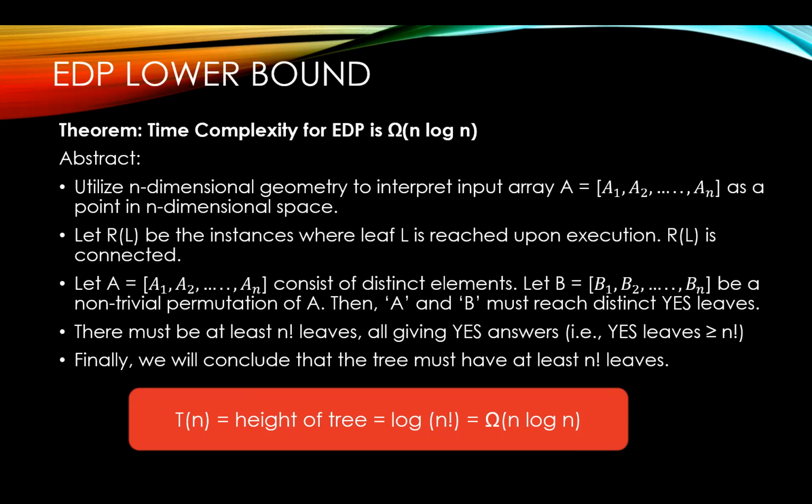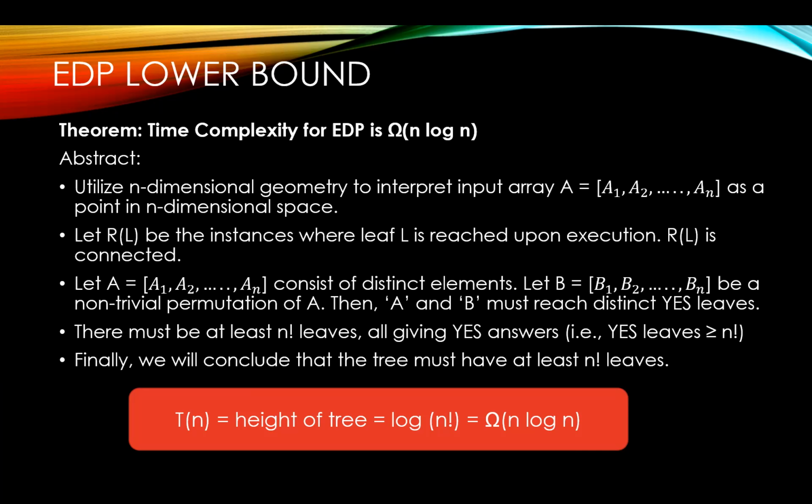And then we'll use the notation R of L, which stands for the region of L. The region of L is the set of all instances where leaf L is reached upon execution. We will assert that R of L is connected. Then we'll go with another claim.